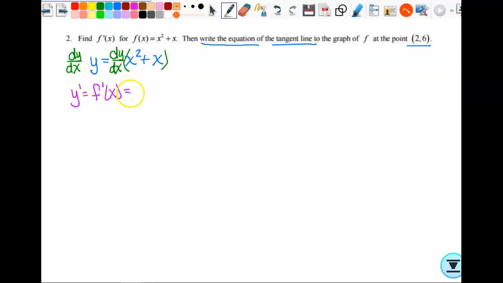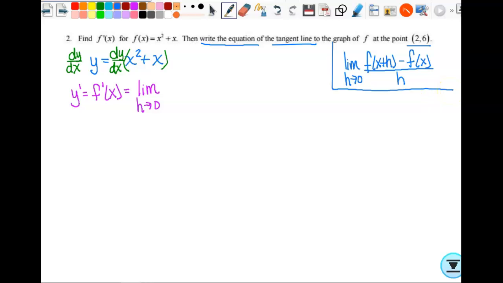Then over here, when we take the derivative, it is a limit. It is the limit as h approaches 0. Okay. And remember what we had? It's the limit as h approaches 0 of, and it's just the slope formula, basically, f of x plus h minus f of x over h, right? That's your definition of a derivative.